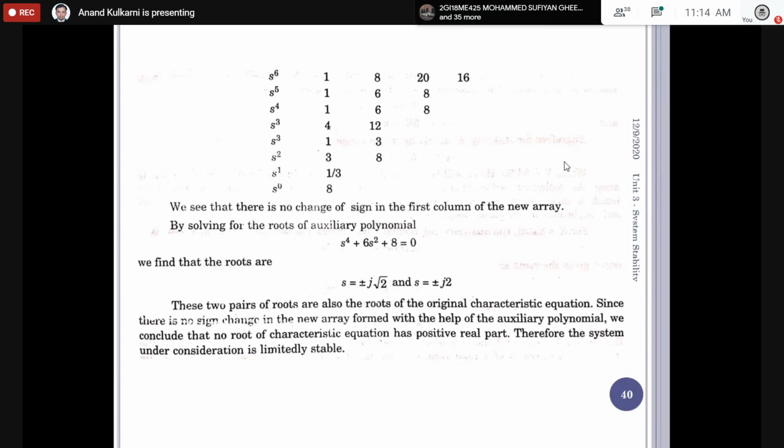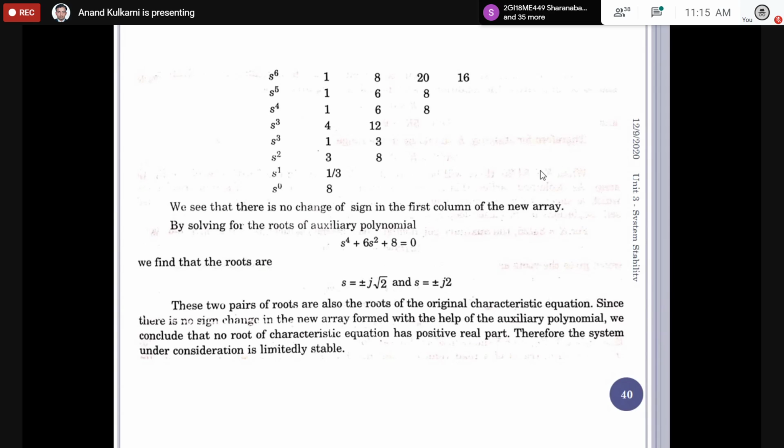When there is a presence of roots on the j omega axis, the first stability condition is met: if the input is bounded, output is bounded. But the second condition, in the absence of input, output should tend to 0, is not met, and the system will keep on oscillating for an infinite amount of time. Hence, the system is limitedly stable.